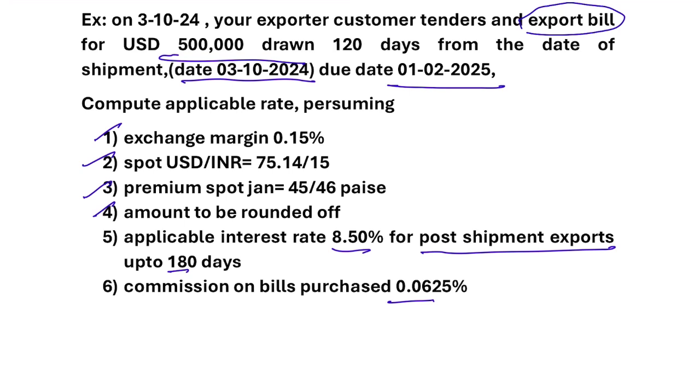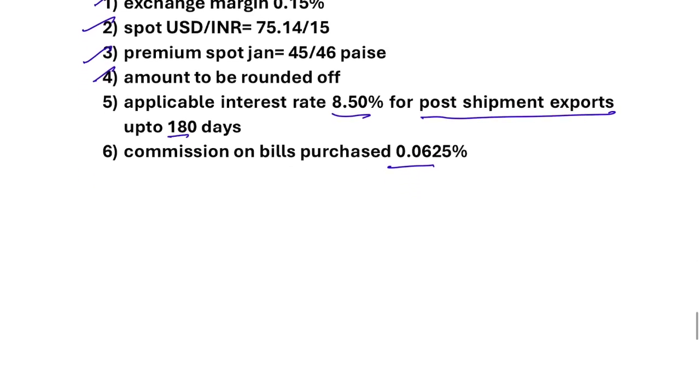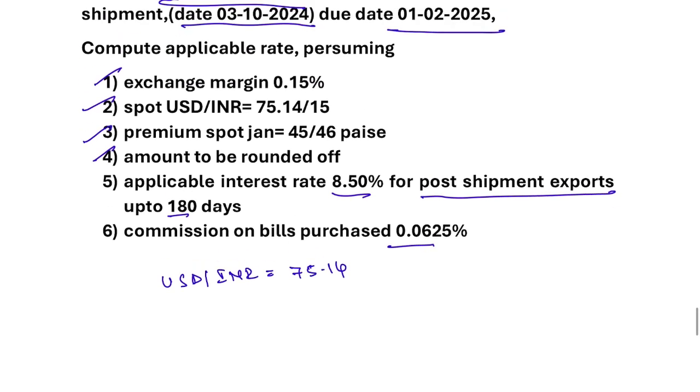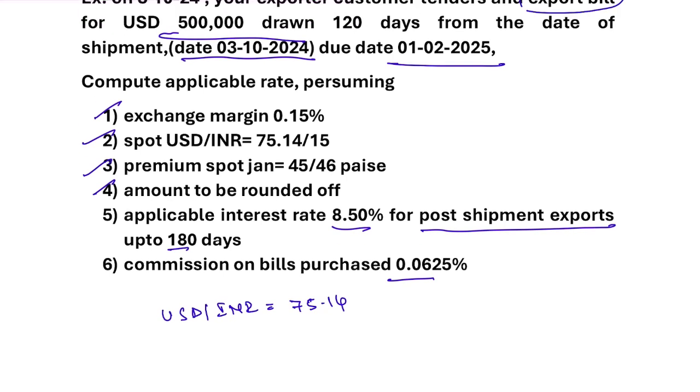So he is selling, the customer is selling US dollars to the bank. So bank will consider what? Bank will consider the buying rate. Got it? So in the spot rate we will consider what? Our USD by INR is equal to 75.14. This we will consider because customer is having US dollars and he wants INR.